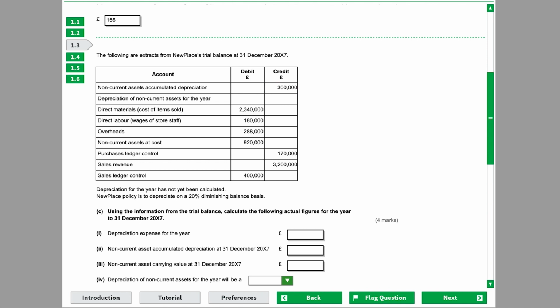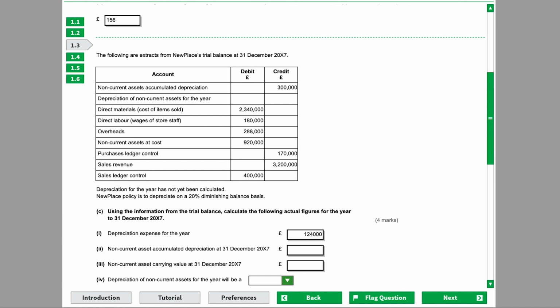So we do 920,000 less the depreciation of 300,000 to give us a net book value of 620,000. We then multiply that figure by 20% to give us a depreciation value for the year of 124,000.